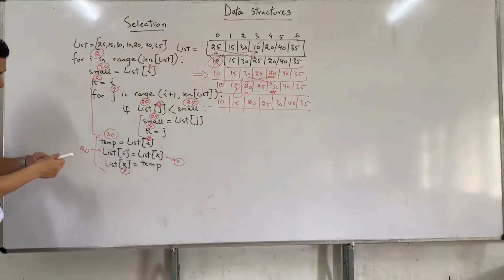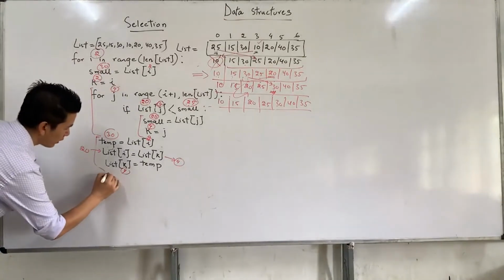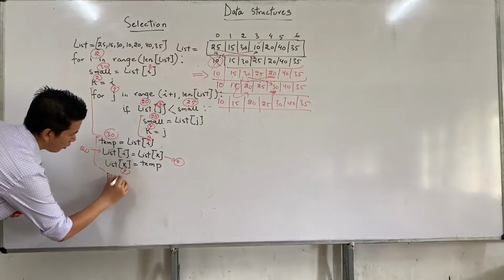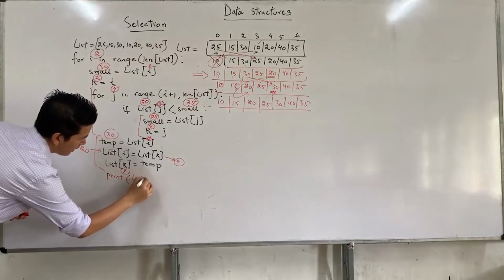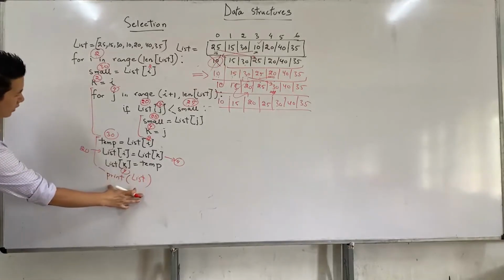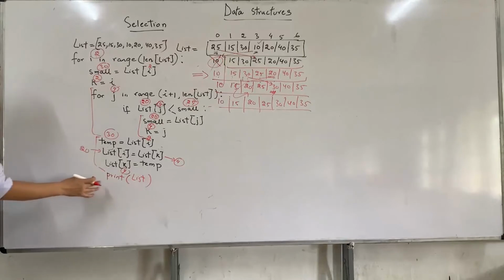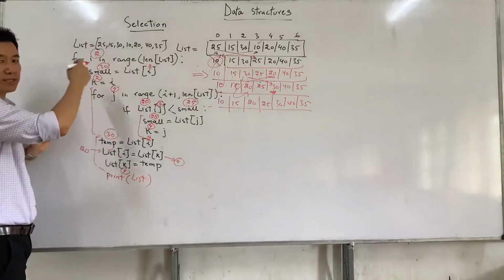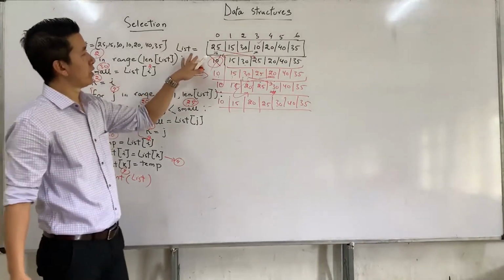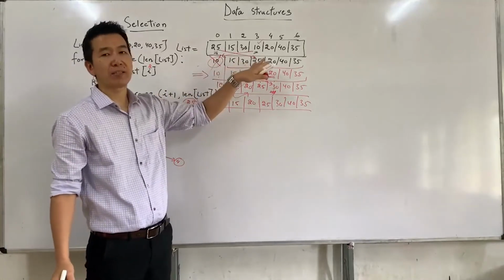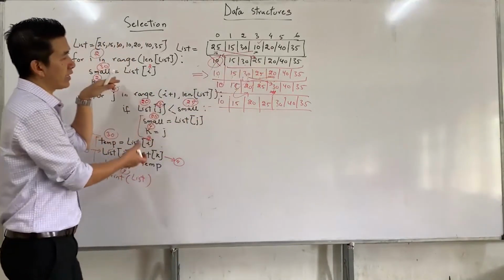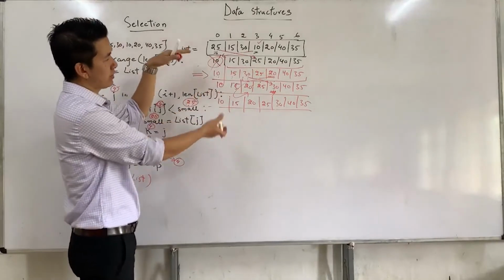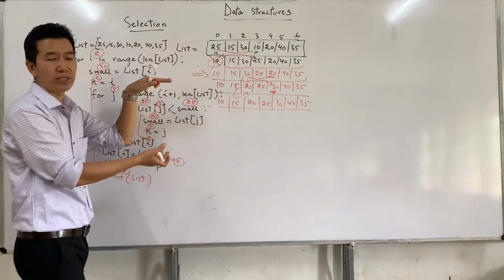So if you could complete the program on this note, if you write the print list statement here, then for each outer cycle, you will have a new list being printed. So at the end, you will have 6 lists being printed.